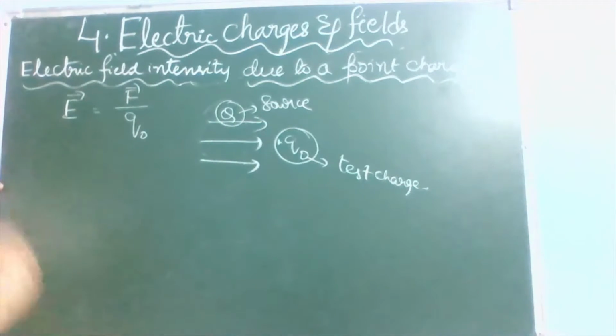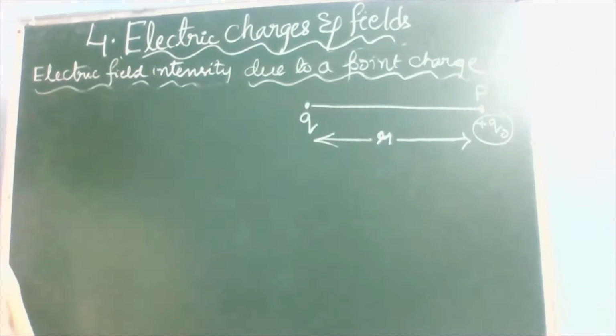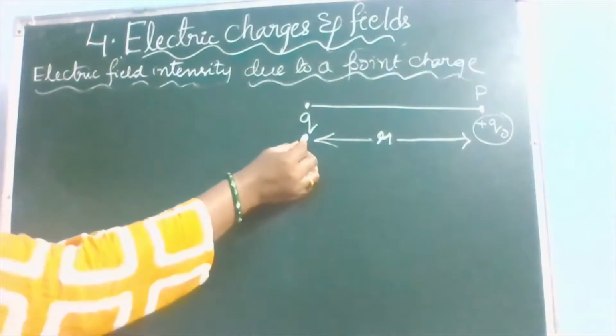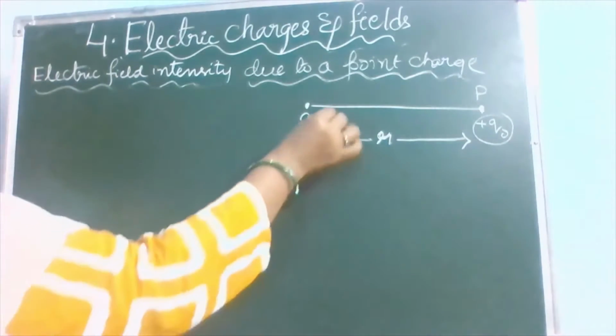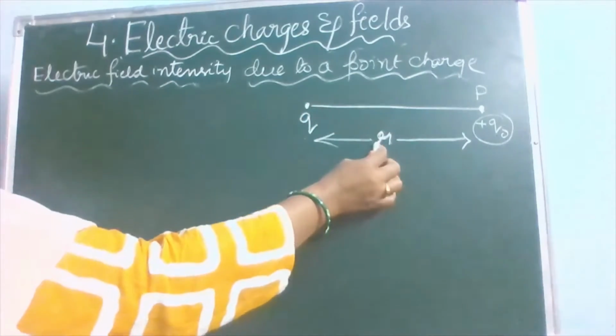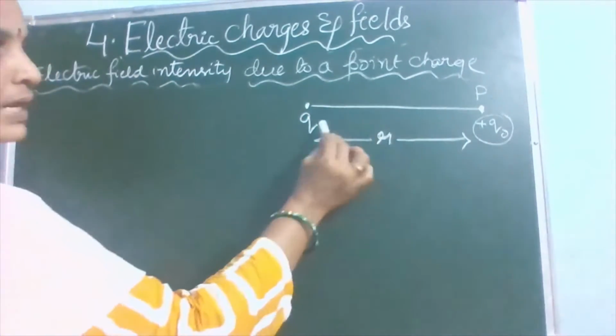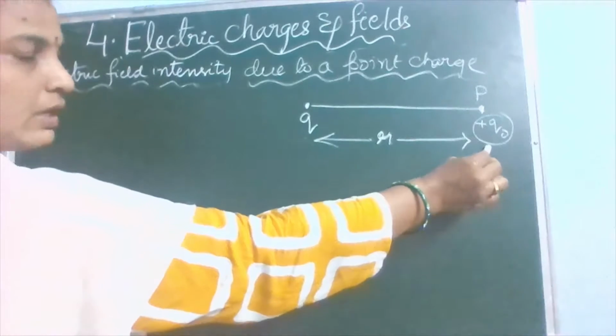Mathematically, how do we calculate it? Let us consider a charged particle Q which is producing an electric field around it. If a test charge is placed in this electric field, it experiences a force.